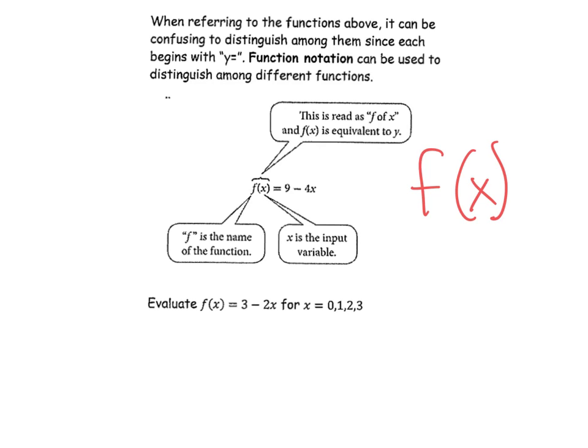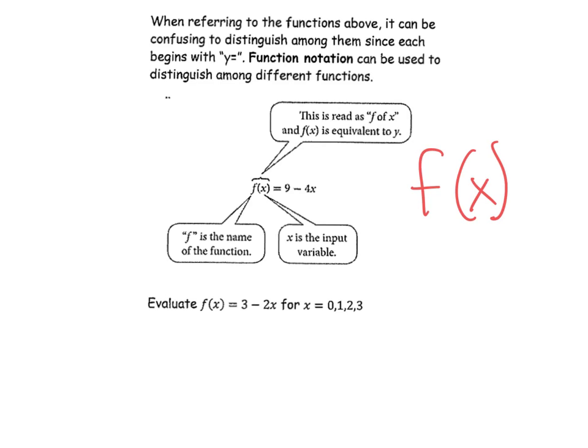F, and then in parentheses, the x, because the x is the number that I'm going to plug numbers in for. F means it's function notation, the function of x. It's just a way of saying, you're going to plug in a number for x and do the math problem. And the whole math problem is a function.